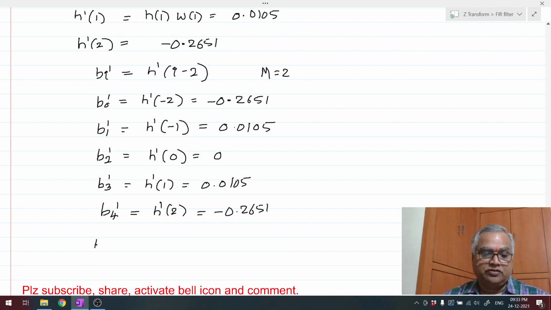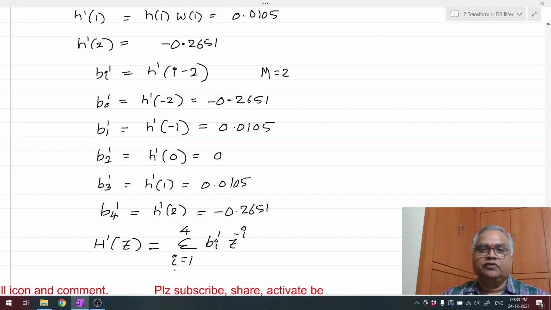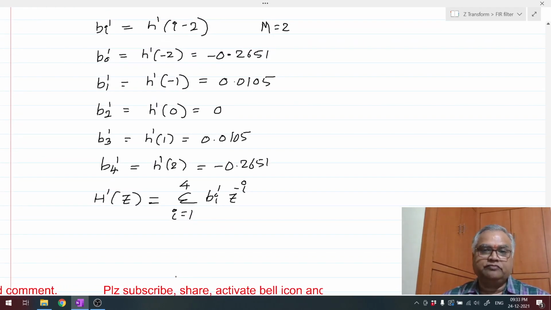Now we want h prime of z equal to the sum from 0 to 2m, that is 4, of b i prime z power minus i. So this we have to expand.